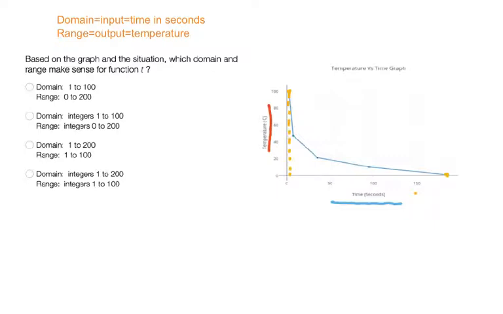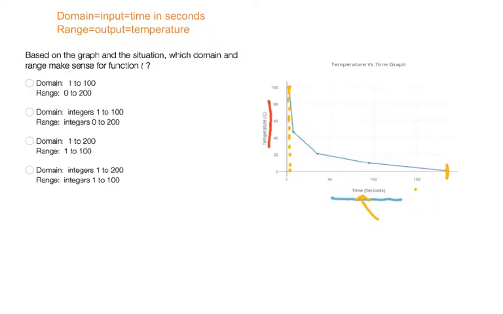And where does it end? Somewhere after 150, but it's not marked. So I'm going to have to do a little bit of guesstimating. All right, so let's now talk about the time. So it starts from here, not there. Let me make sure.